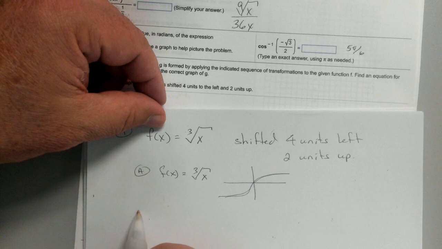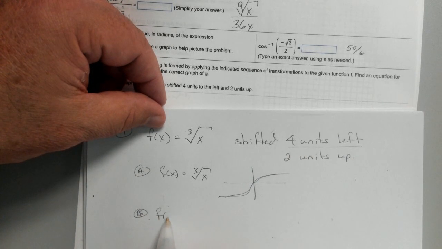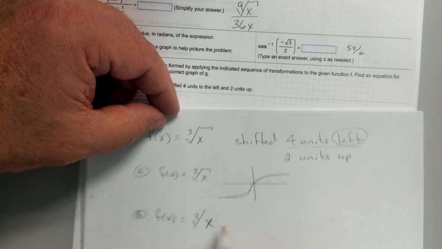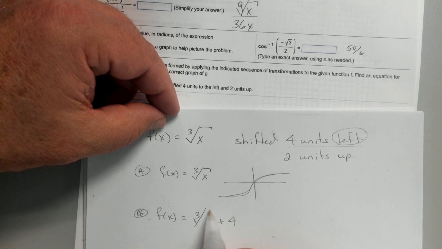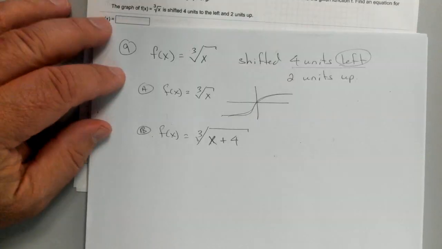So now what do we do? Shift it 4 units left. Exactly. Since it's going to the left, we add 4 to it. Why do we add it inside the function?